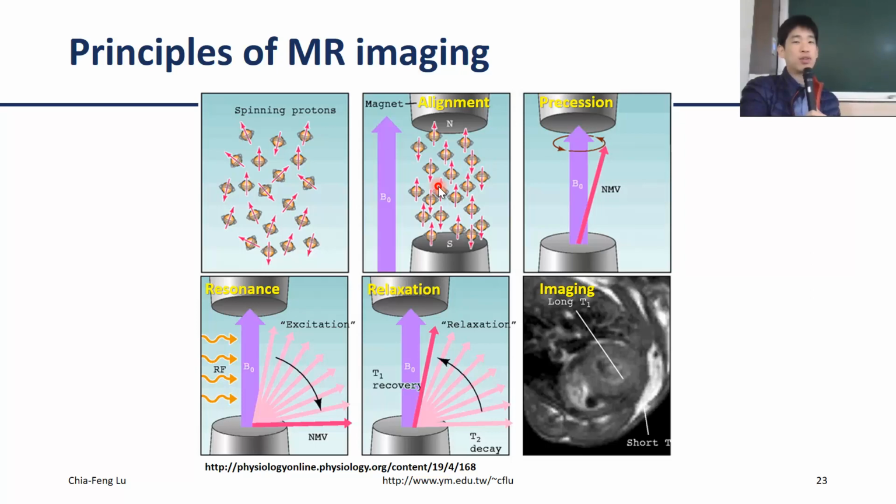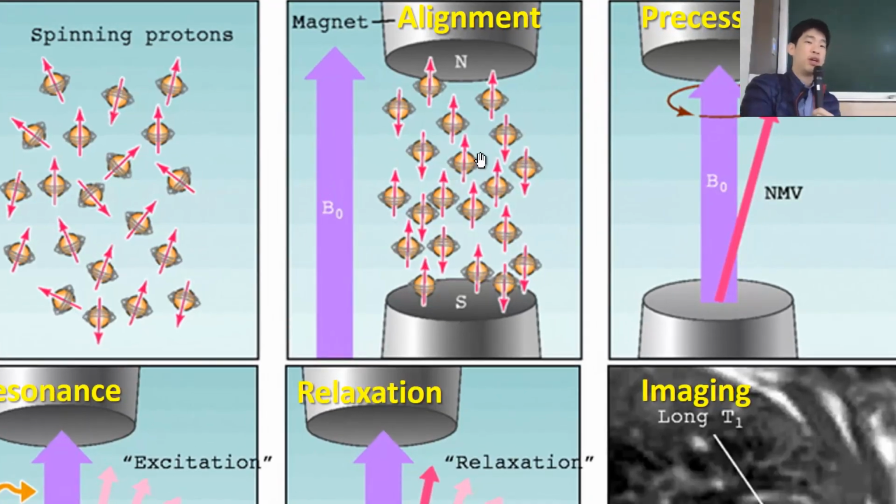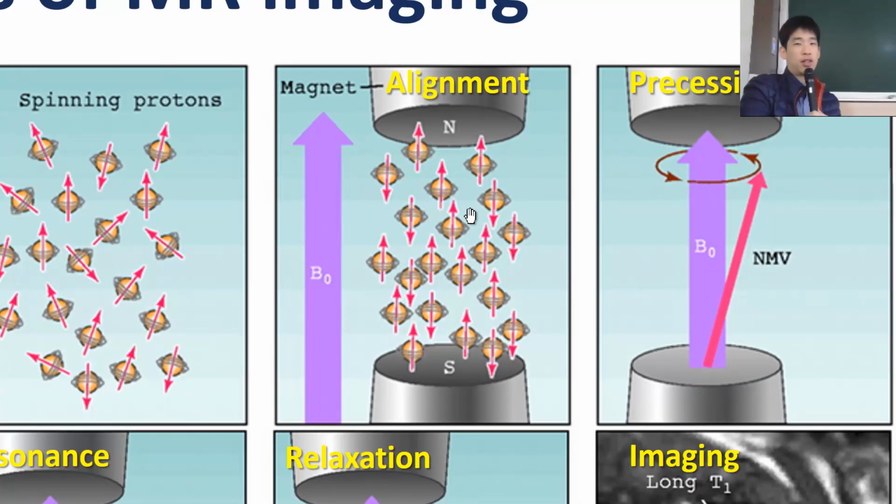And as you can see right here, if you look carefully, the direction of the alignment may go up, or we say parallel to B0, the main magnetic field. And some of them may be anti-parallel, pointing in the opposite direction to B0.